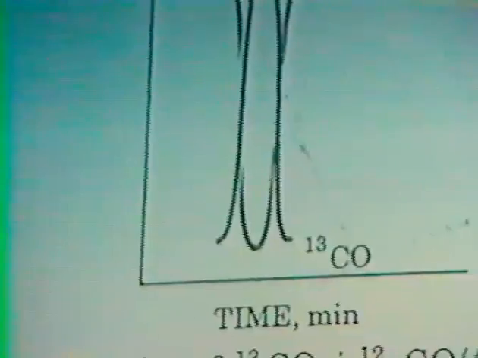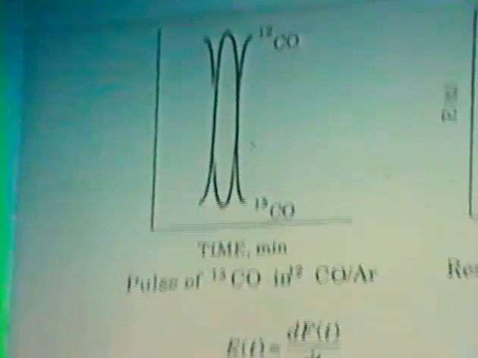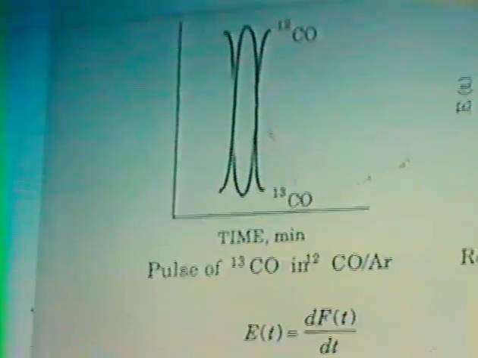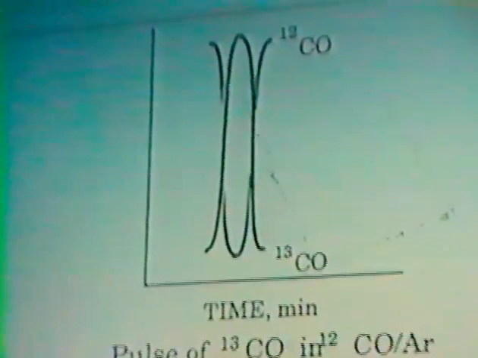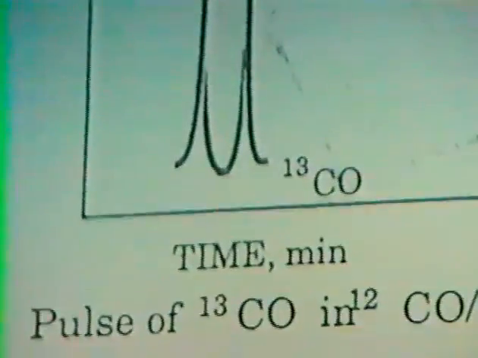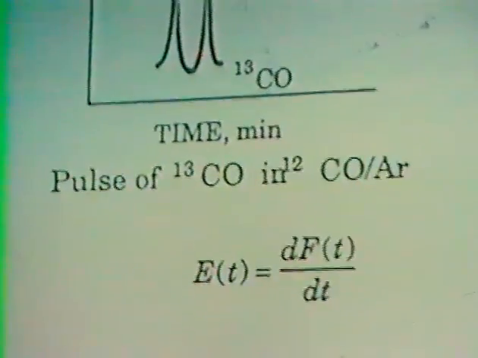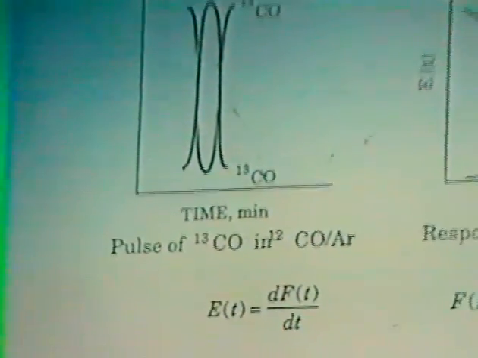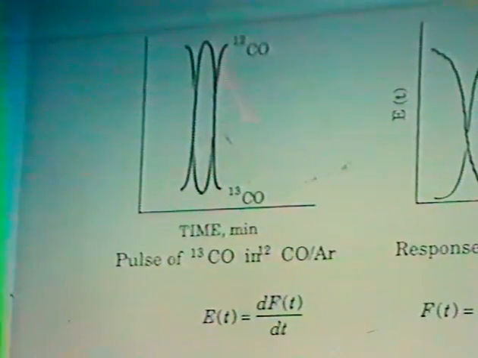So the next experiment we conduct is a post-transient study. In this case, what we do here is we pass a steady state flow of NO and CO through a catalyst. Then we use a gas sampling loop to introduce 10 cc of C13O into the system.